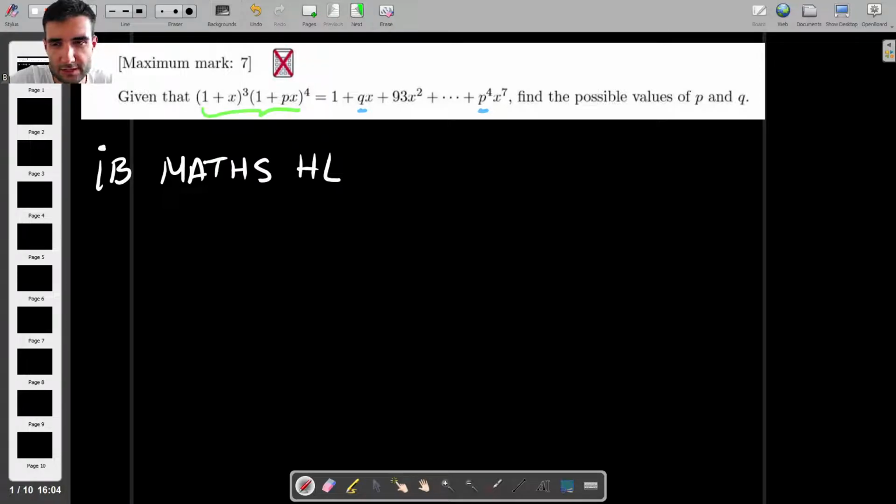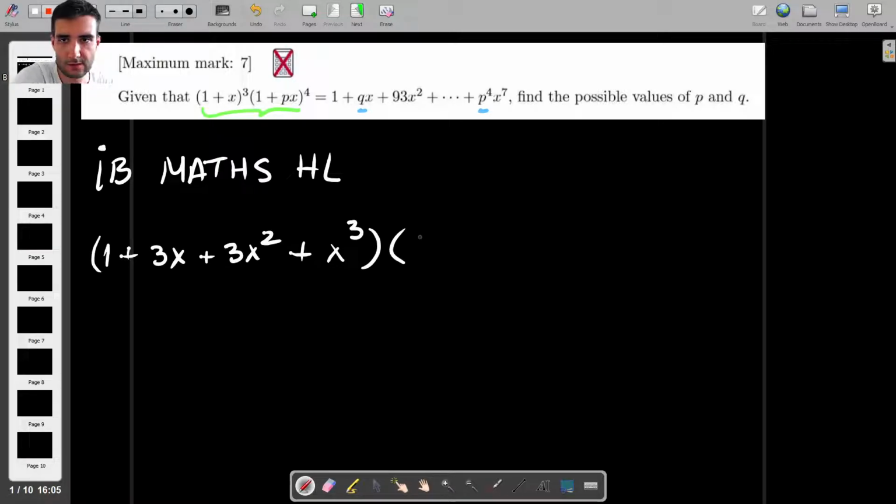To solve this, I would first of all try to expand the brackets. For the first bracket, I would have 1 plus 3x plus 3x squared. This is just a standard way of expanding. You can use the binomial theorem, but we'll use a standard way without n choose k.